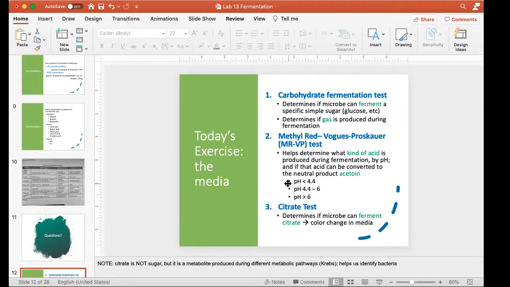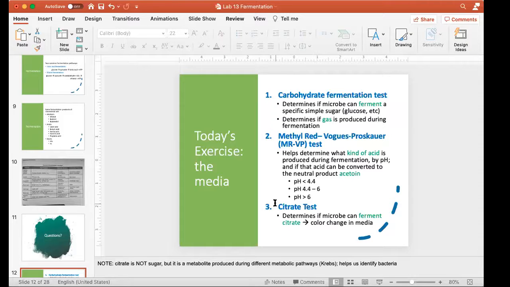So the MRVP test is going to tell us if the acid has a pH less than 4.4, if the acid has a pH between 4.4 and 6, and if the acid has a pH greater than 6. There's even a part of this test that lets us know if a microbe is able to take the acid product and convert it into a molecule called acetoin. And I'll talk about that more in just a few minutes.